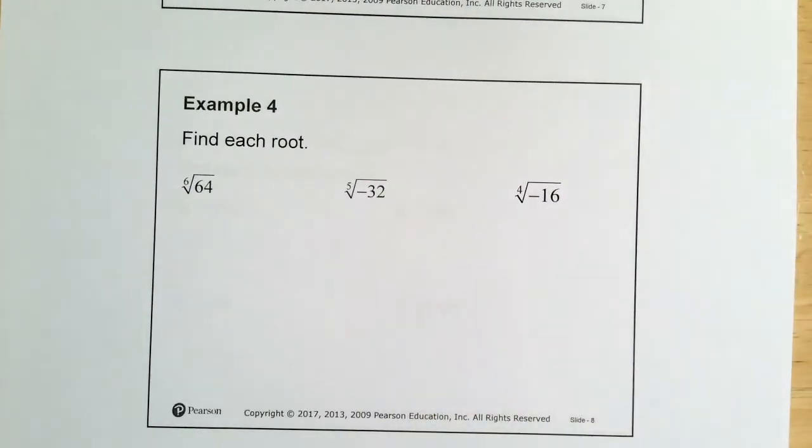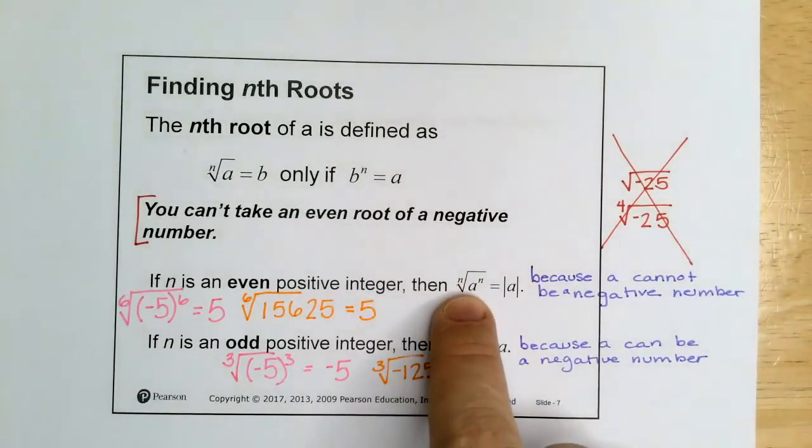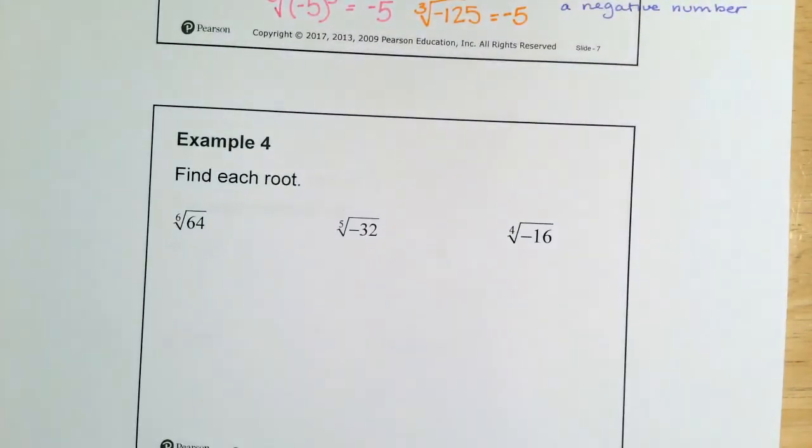So I hope that's clear. Basically, if the root and the power are the same, they undo each other.